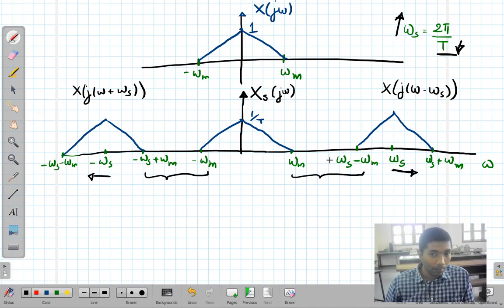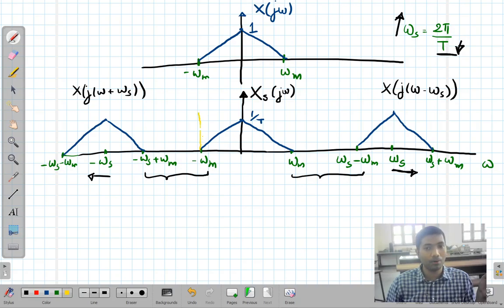The importance of this gap is that this is the frequency spectrum, or the Fourier transform, of the sampled signal. If we have a spectrum something like this, it is very easy to separate out the original signal. In order to separate it out, you just need to use a low pass filter.